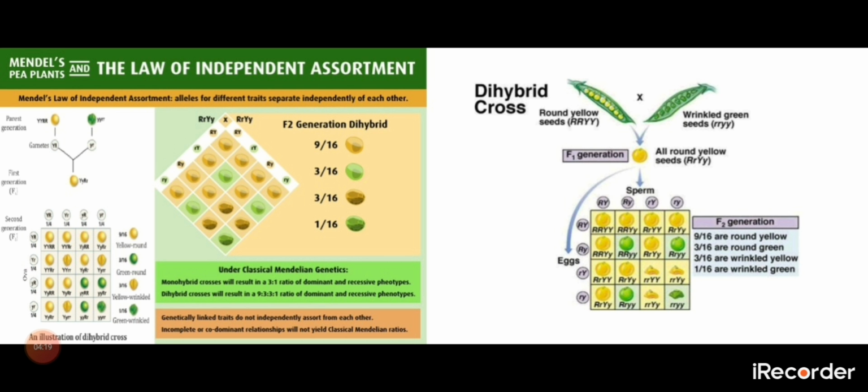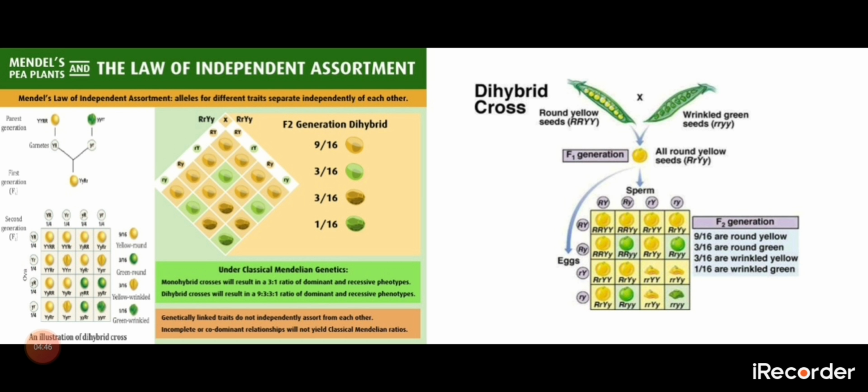So the parents were capital R, capital Y crossed with small r, small y. This is the parent: round seeds with yellow cotyledons and wrinkled seeds with green cotyledons. So the F1 generation were all round seeds and yellow cotyledons. The F1 generation was allowed to self-pollinate.